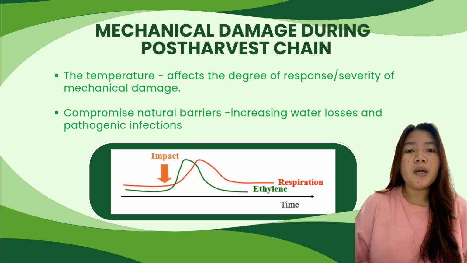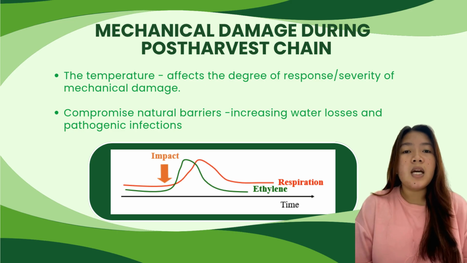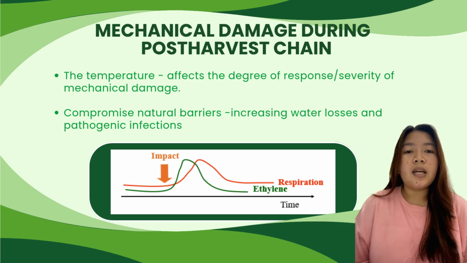The moment an impact occurs, there is an immediate, sharp spike in ethylene production, followed by a rise in respiration. This is a stress response. The plant is essentially panicking, which accelerates aging and decay. Mauna nga bisan pag unsa ka bugna imong storage, if bunog ang produkto sa transportation pa lang, madaot gihapon na.